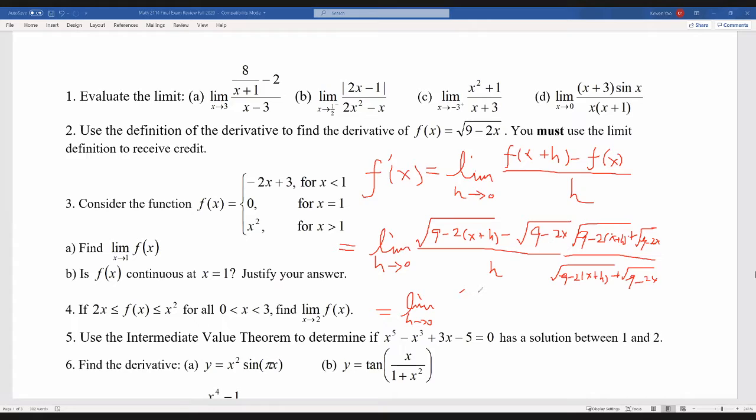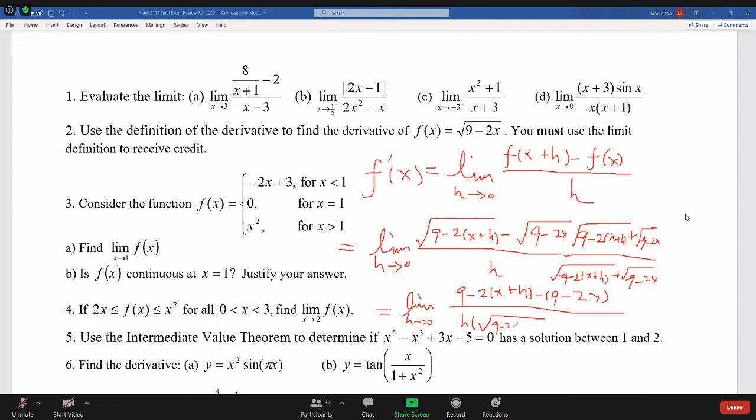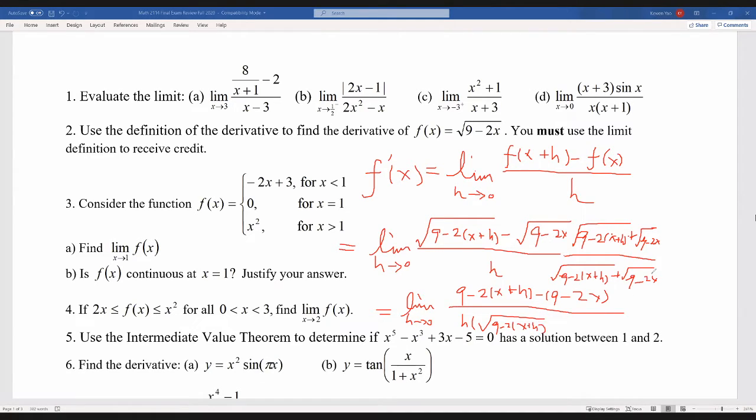It becomes 9 minus 2(x plus h) minus (9 minus 2x), over h times the square root of 9 minus 2(x plus h) plus the square root of 9 minus 2x.